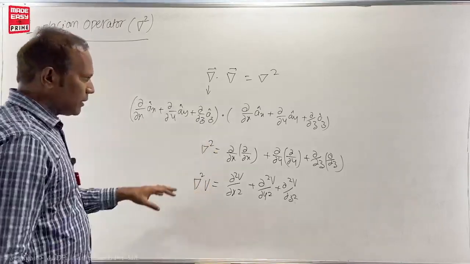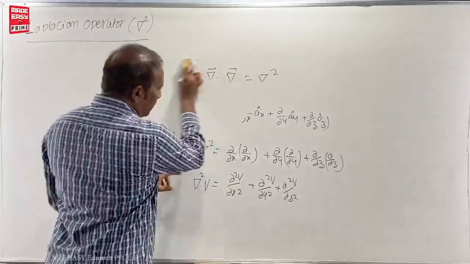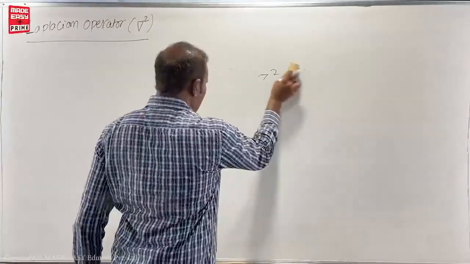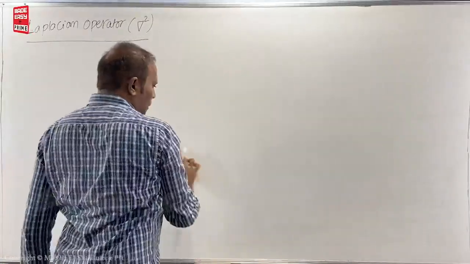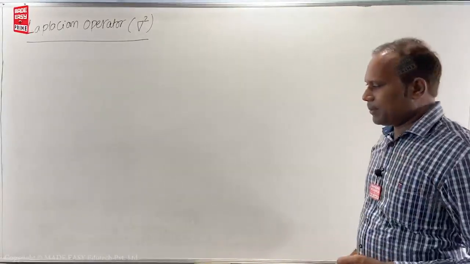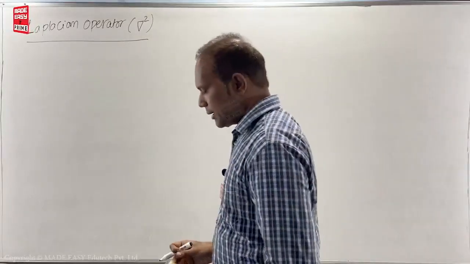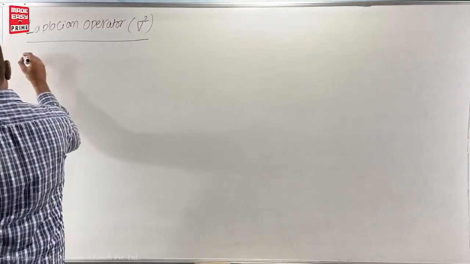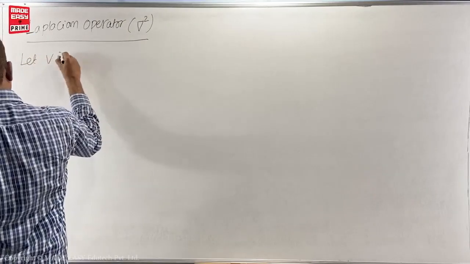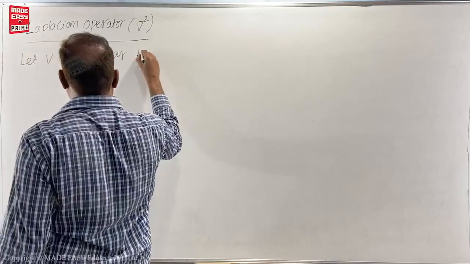This is not the correct way, but anyway the formula is correct. So this method won't work for cylindrical and spherical systems. The formulas of del square v in the three coordinate systems are obtained from the derivations. Now we have to remember those formulas. Now it is double differentiation. Let v be any scalar.